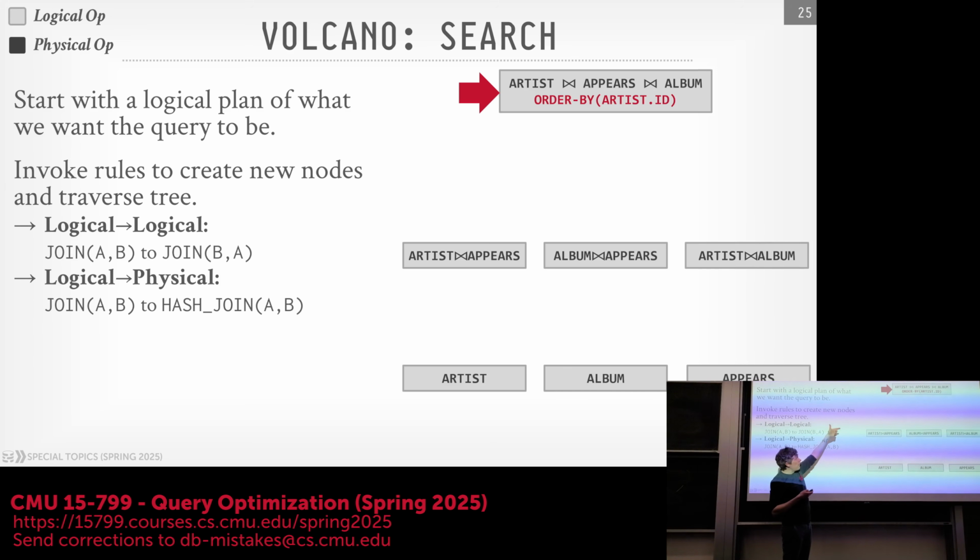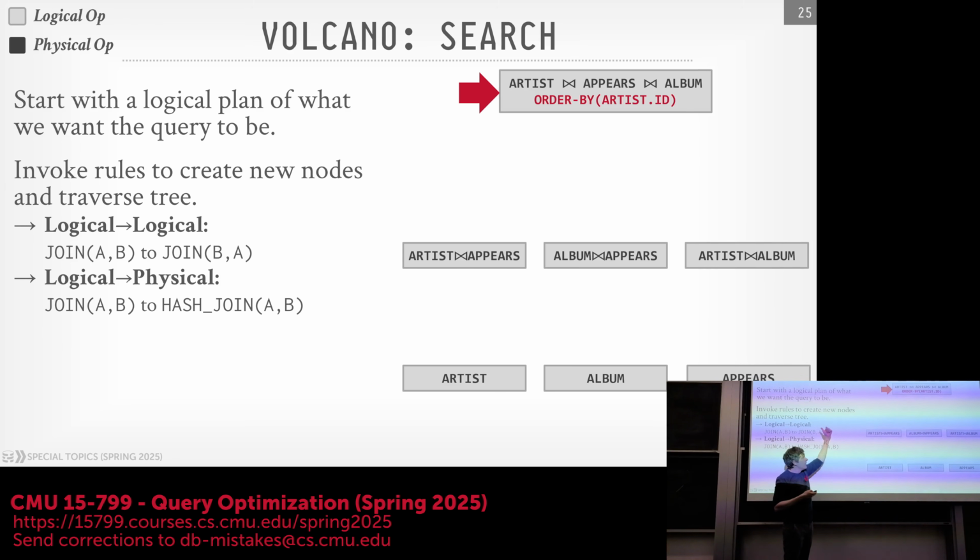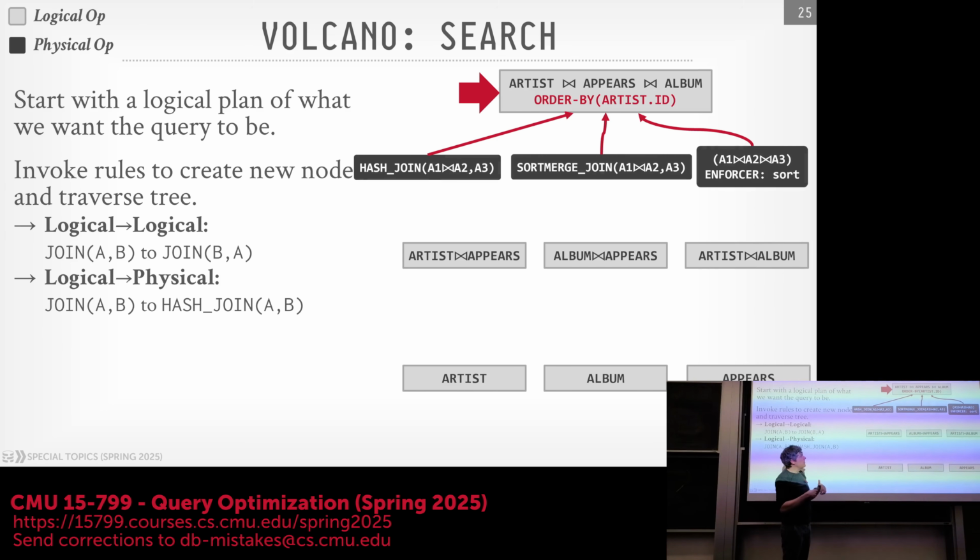So I start at the very top and say, okay, I want to produce something below me, a physical operator that's going to give me the output that I need of artist joins appears, joins album, and that output has to be sorted by the artist ID. So I would apply the logical-to-physical transformation that would convert that 3-way join into a join implementation.